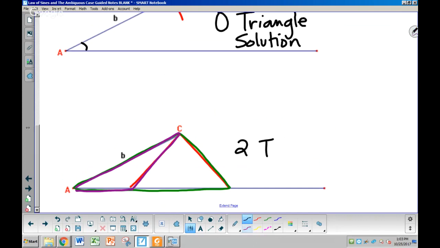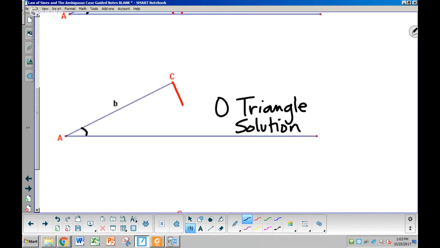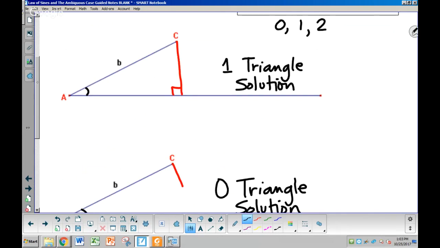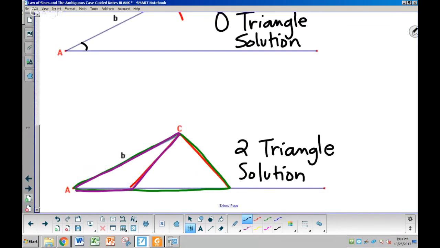So the possibilities are zero triangles if I have a side that I'm given that's too short. I have the possibility where I have one triangle when it's just long enough to reach, and that's the perpendicular solution. Or with the given information, I could have two triangles. And that's why this case, the big ass case, is ambiguous. Does that make sense? And you don't know what you have until you get into the problem and solve it.